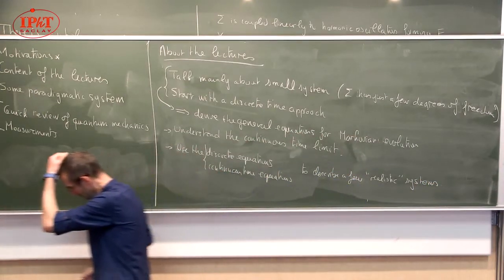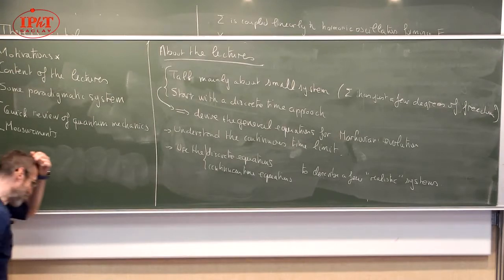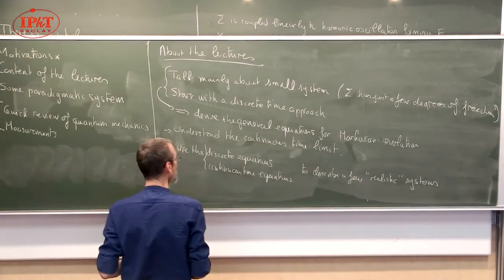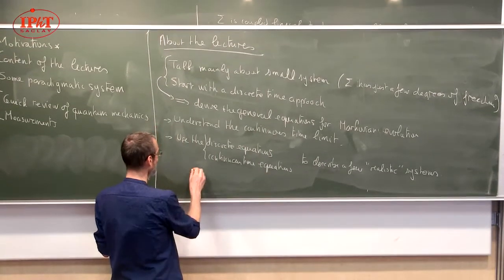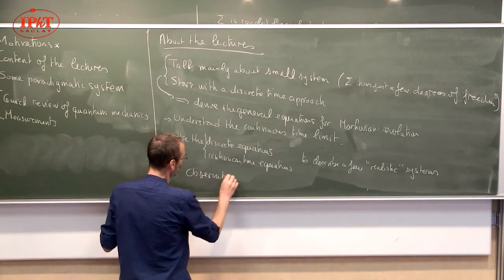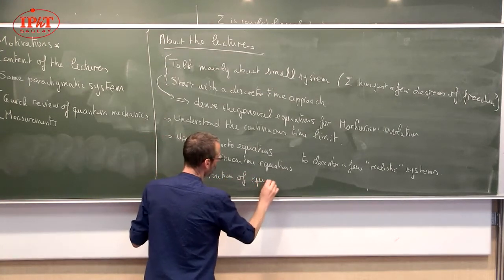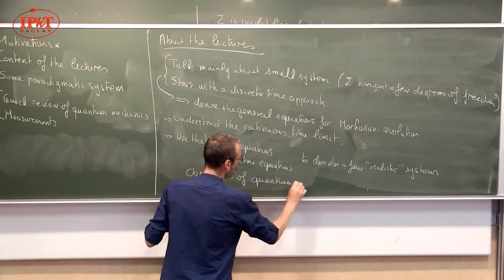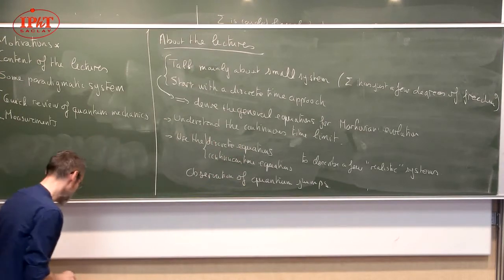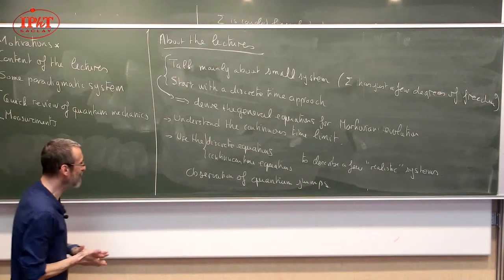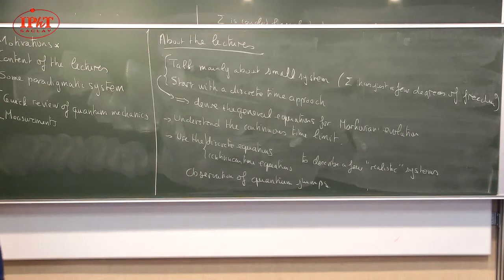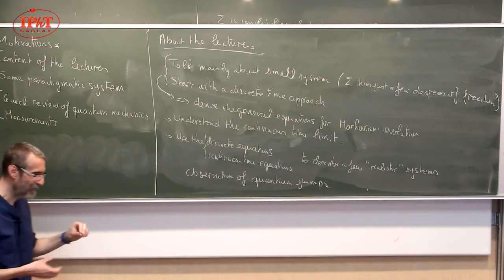And in fact, what I will mainly concentrate on is what I know best, and it's related to observation of quantum jumps. So basically, what this means is, for instance, that you put a system with a few degrees of freedom in contact with the thermal bath.